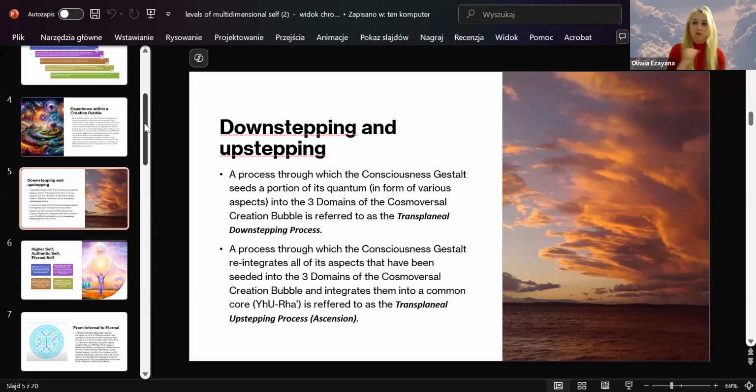So in order for that consciousness gestalt to integrate its entire external creation self, it needs to first integrate its Earth identity, then its Sirian identity, then Arcturus, Andromeda, and then it can go further to the internal creation. So there is no universal single pathway for everyone.